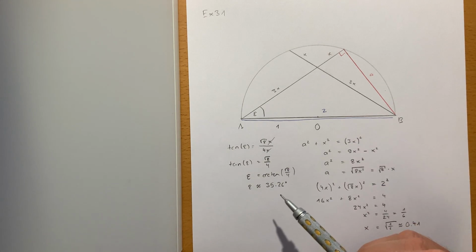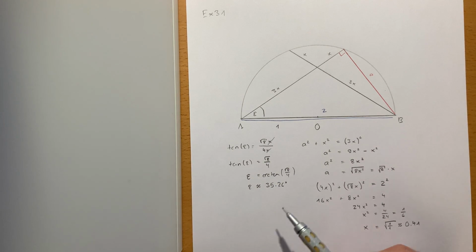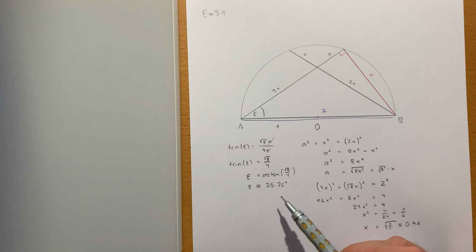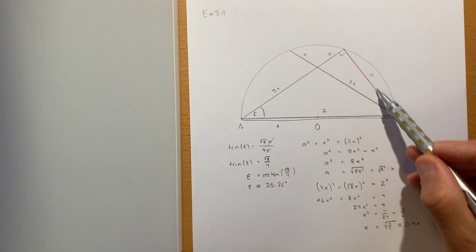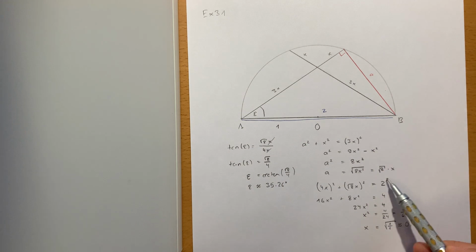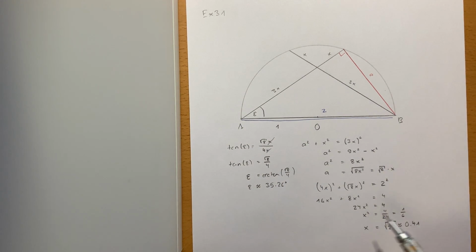You lose the x, you have the ratio, you get 35.26 degrees. And then we used the fact that it's a right angle triangle again. So this squared plus this squared is 2 squared. And you have one equation in one unknown, and you can work out x.